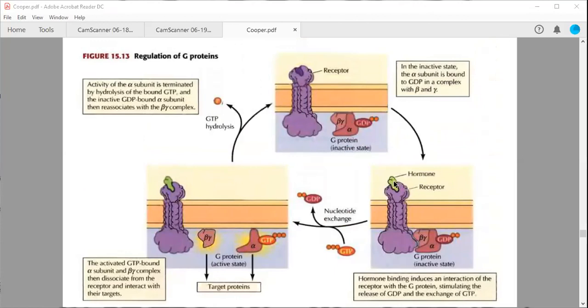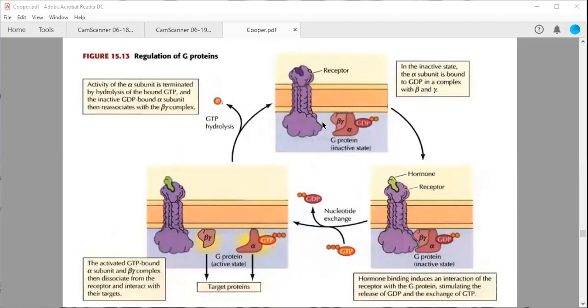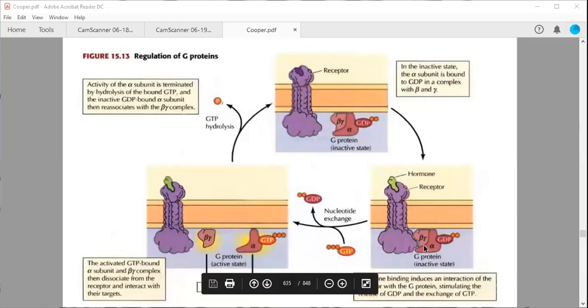Once this hormone, a signal molecule, binds to the receptor specifically, it leads to a conformational change in this domain, so that it is more closely associated with this G protein. When it is more closely associated, meaning it has high affinity, it also leads to conformational changes in this G protein, which is made up of three components: alpha, beta, gamma subunits.